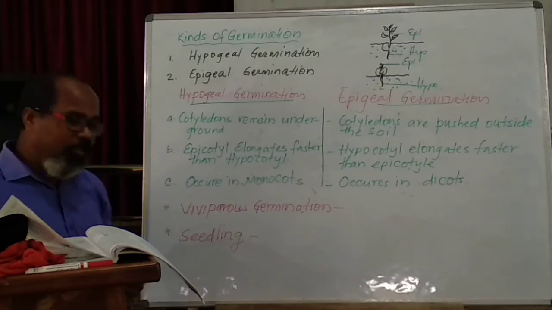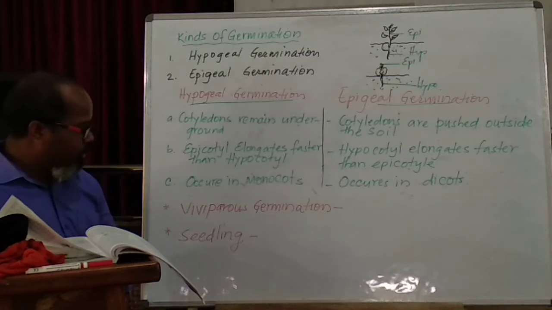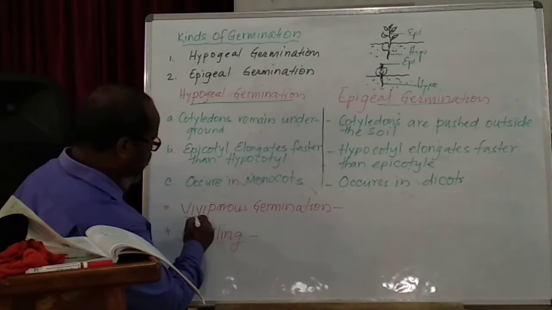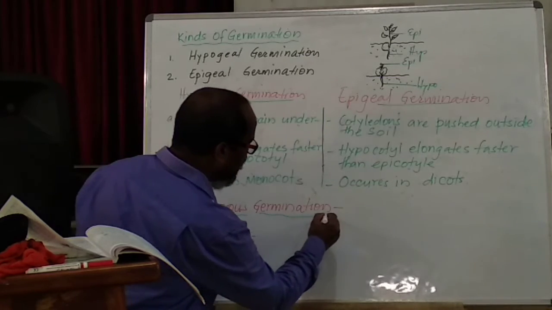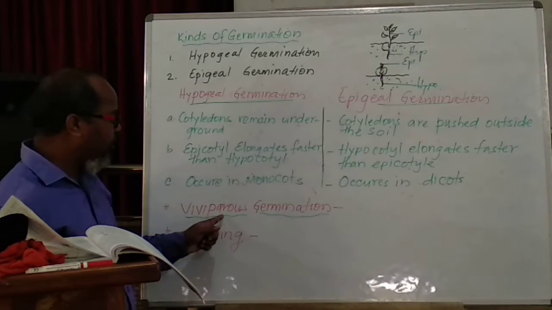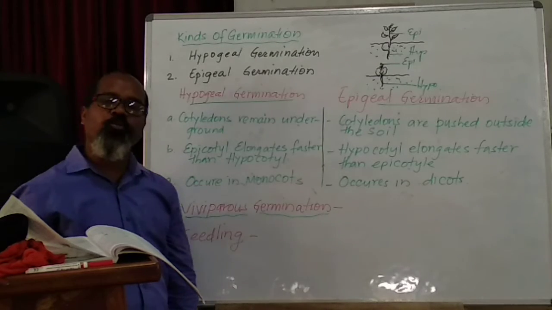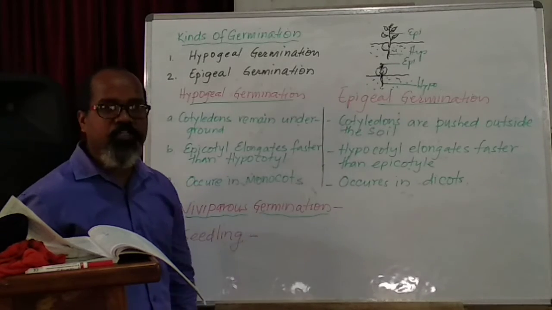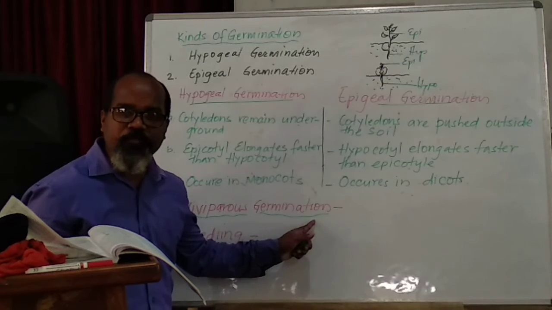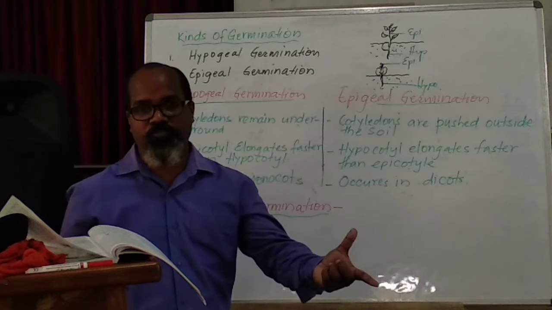Now there is another special kind of germination, known as viviparous germination. V-I-V-I-P-A-R-O-U-S. Viviparous germination. This is a kind of germination of seeds inside the fruit.